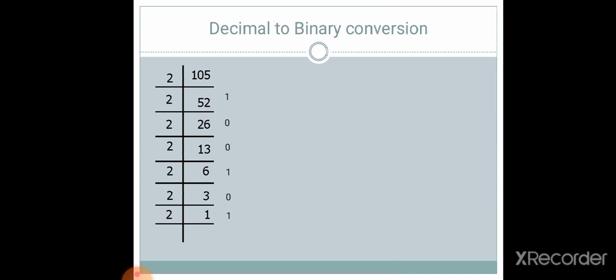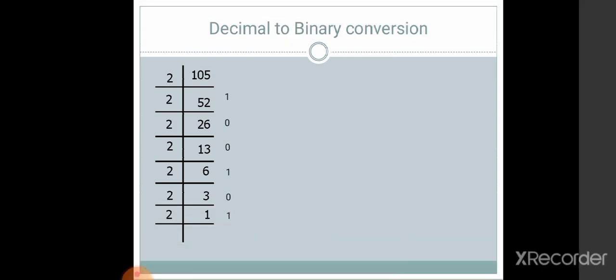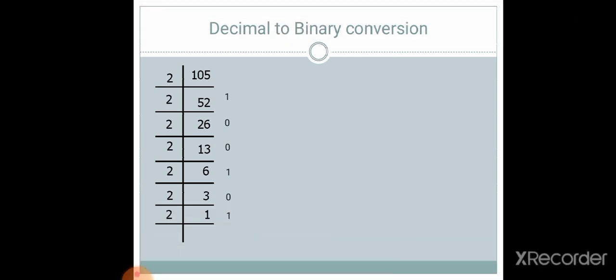So 2 1s are 2, the remainder will be 1. Again 1 is remaining, so you have to divide that one also. If you divide 1 by 2, the division is not possible, so you write 0 as the quotient for that division, and that remainder will be 1, right?